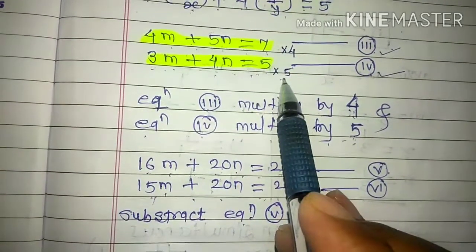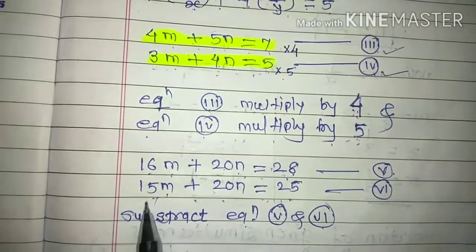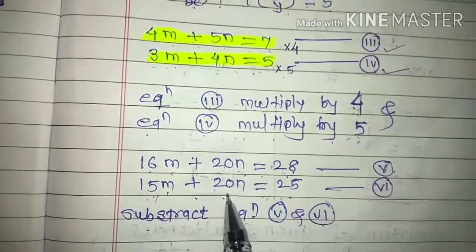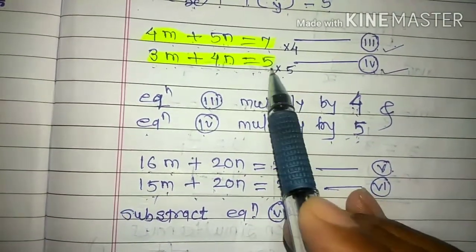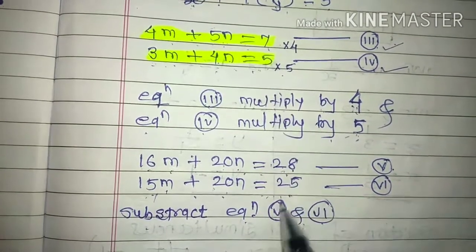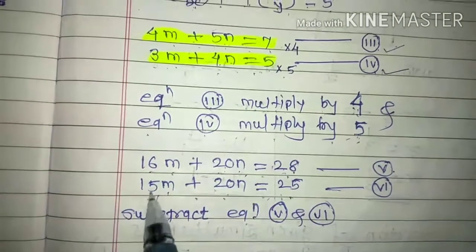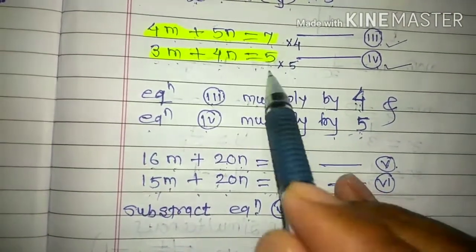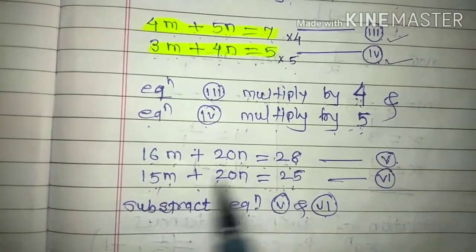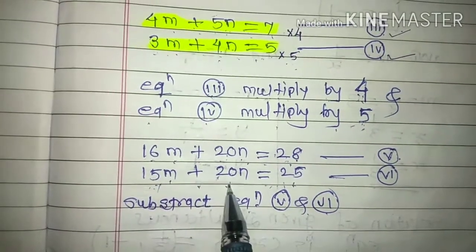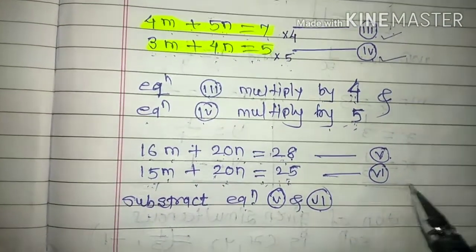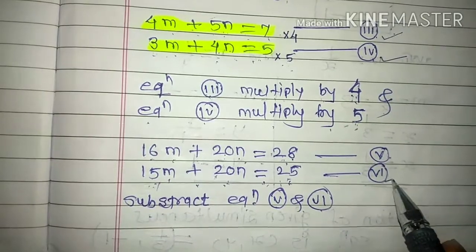Then the fourth equation: 5 into 3, 15m, 5 into 4, 20n, 5 into 5, 25. And hence 15m + 20n = 25. This is equation number 6.